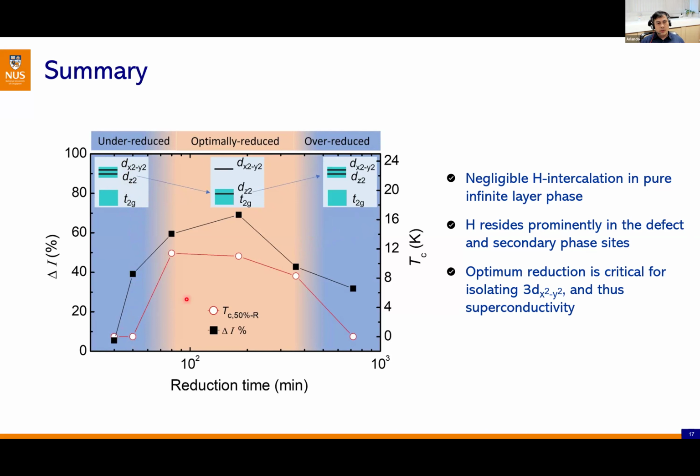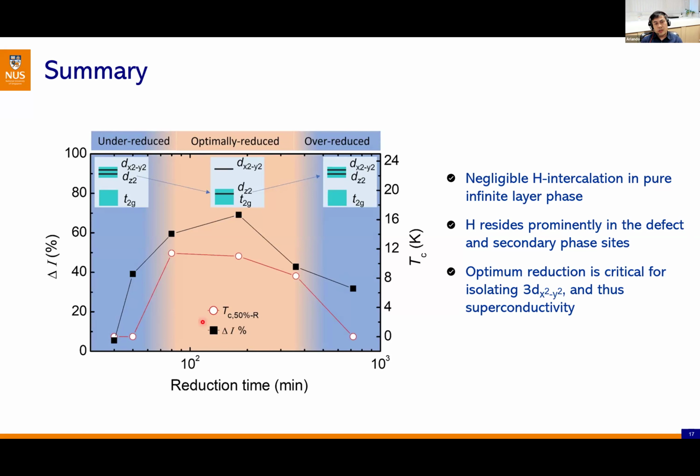So just to conclude, we have shown that there is a negligible effect of the hydrogen intercalation in the case of a pure infinite layer phase. So likely the hydrogen prominently resides at the defect state or the secondary phase of your infinite layer nickelate.